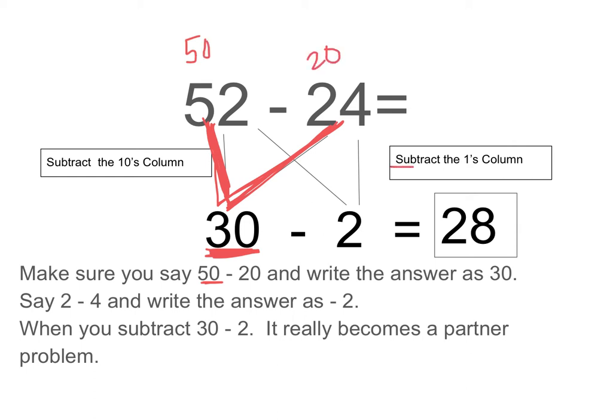Now we're going to subtract the ones column. So 2 subtract 4. Notice that our 4 is larger than the 2, and that's why we will have a negative 2 for our answer. So 2 subtract the larger value of 4 is negative 2. So 30 minus 2 equals 28.